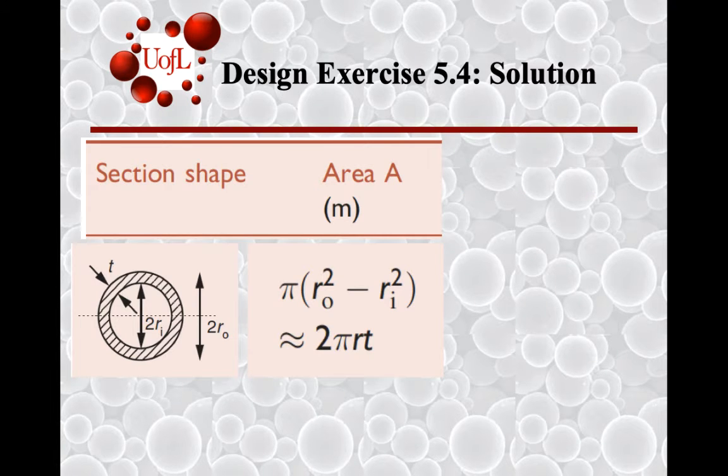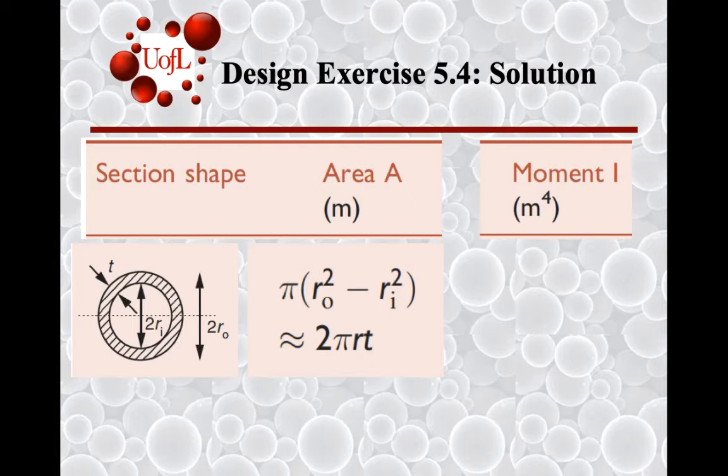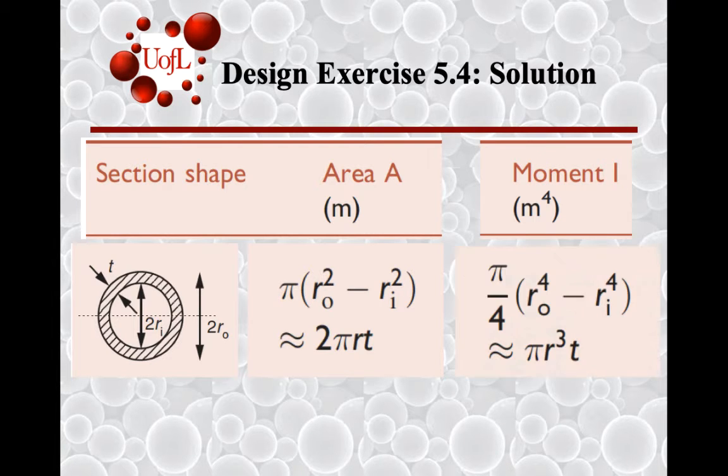In order to do that, the area is given as 2 pi r t. The moment I is given as pi by 4 times r to the power 4 for the outer radius minus r to the power 4 for the inner radius, and this can be approximated to pi r cubed times t.